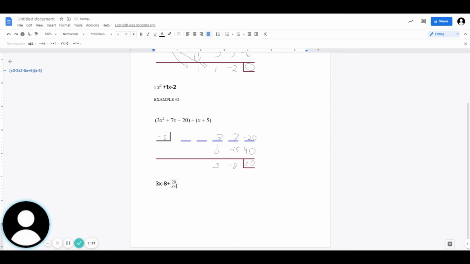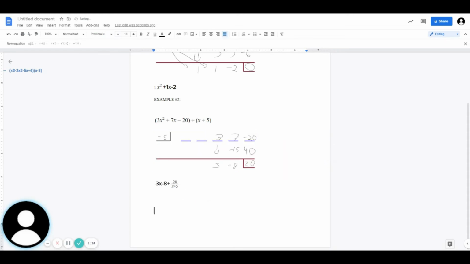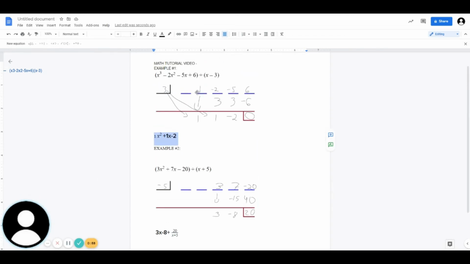So that would be our result. So 3x squared plus 7x minus 20 divided by x plus 5 results in 3x minus 8 plus 20 over x plus 5, right? So both here are the answers.